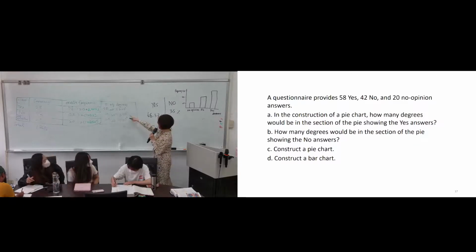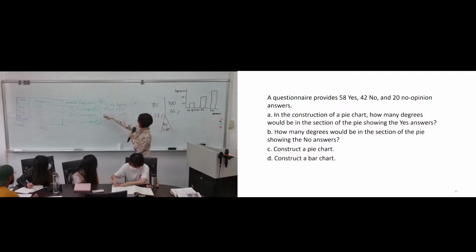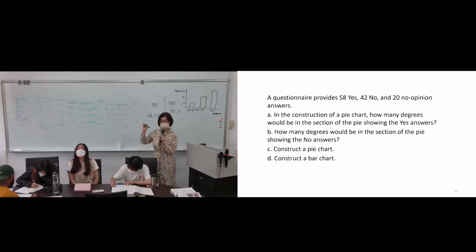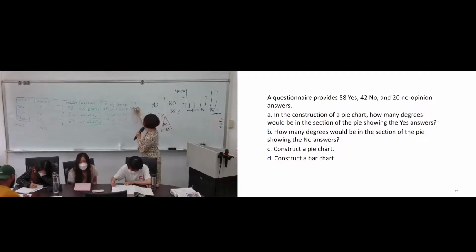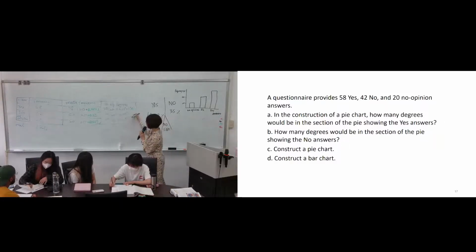Okay, so after we multiply by 360 degrees, this is almost 174, right? 174 degrees. And 0.35, now multiply by 360. That's about 126.